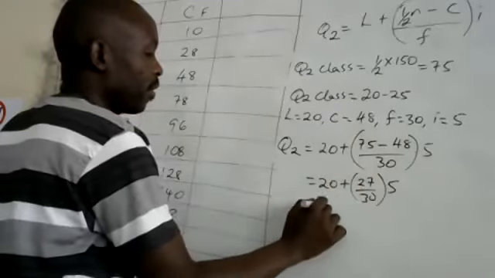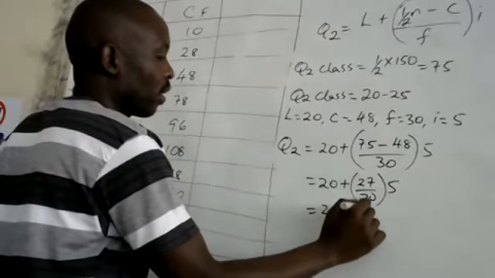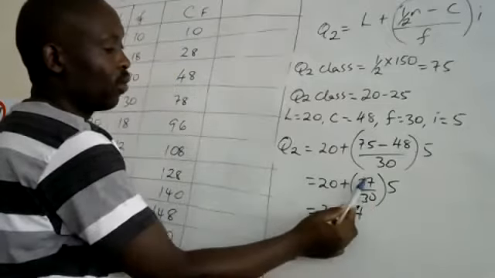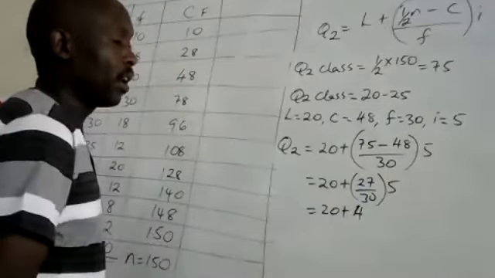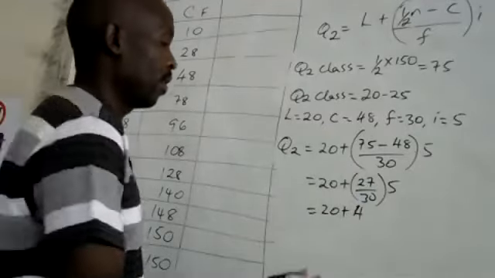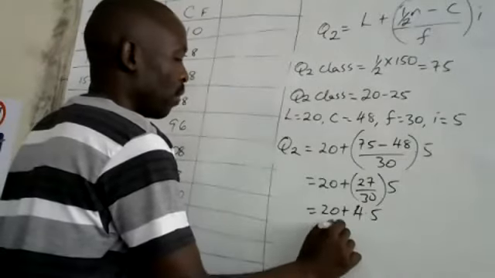So the final answer is supposed to be 20 plus 4.5. Divide 27 by 30, then multiply by 5, and you get 4.5. So the answer here is going to be 24.5.